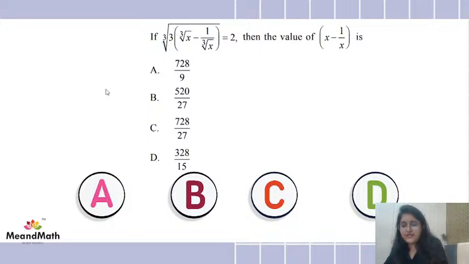Just let me know in the chat box and start giving me the answers, whatever you think is the correct option over here. Okay, you are trying. Dhanushika is trying. Vaishnavi and Prachi.